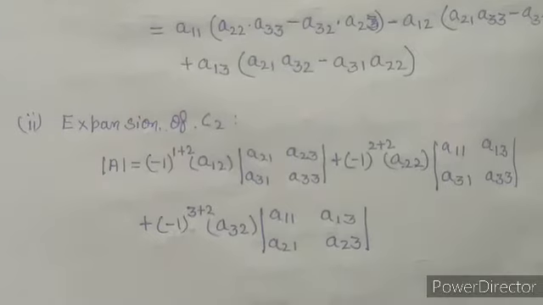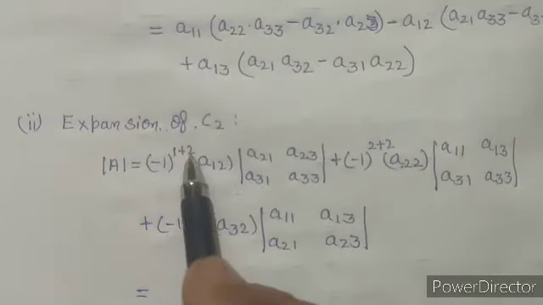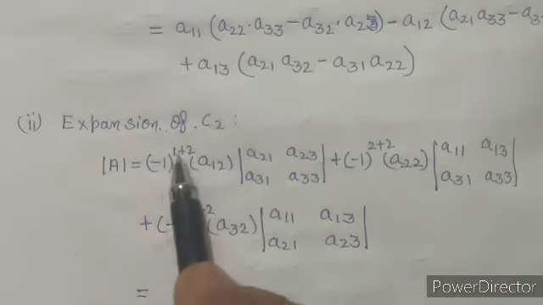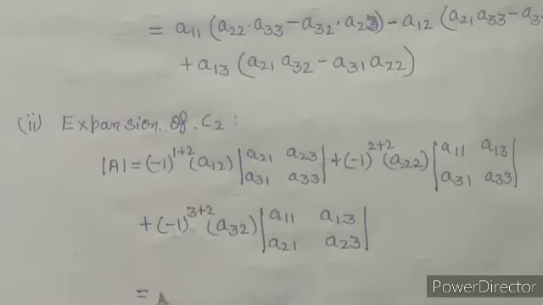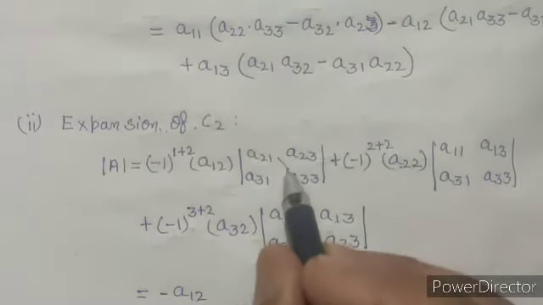Now we will solve this, and that will give us -1 raised to power 1 plus 3, 2, that will be -1 raised to power 3, and that will give us -1 into A12 into determinant.